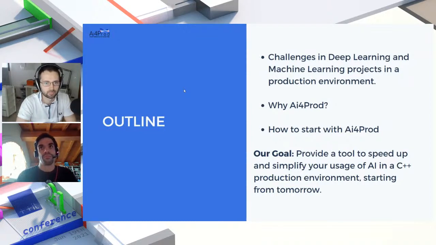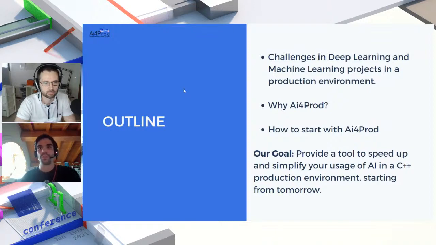Then we're going to give you an understanding of why, from these challenges, we decided to develop Ai4Prod and create this kind of ecosystem. And then Eric is going to do a deep dive inside the code, inside the ecosystem that we developed, with practical examples of what we have done so far.